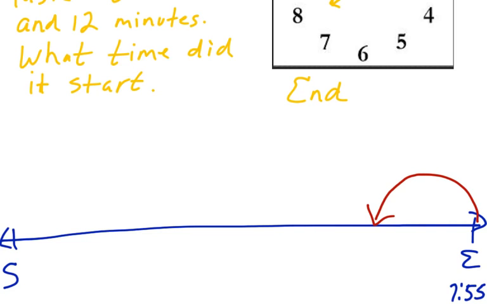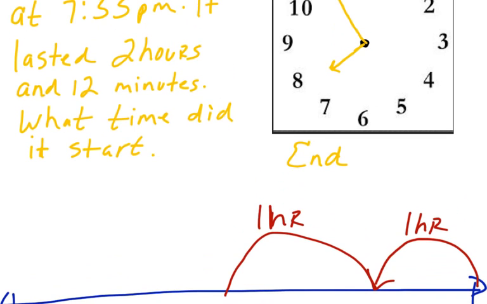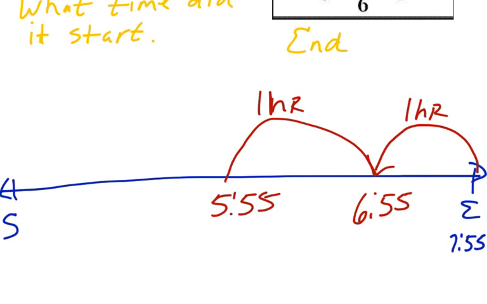So we go backwards 1 hour, and now it's 6:55. Then if we go back one more hour, now it's 5:55. And remember, we only needed to go back 2 hours. And we've done that. Now we need to go back our minutes. So we need to go back 12 minutes.